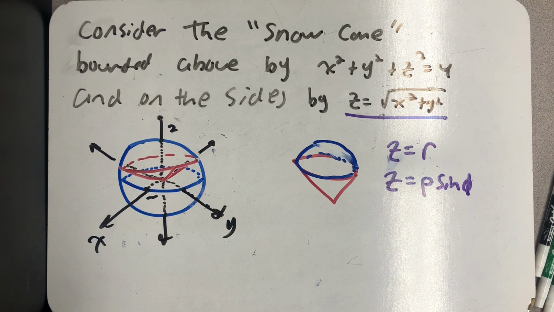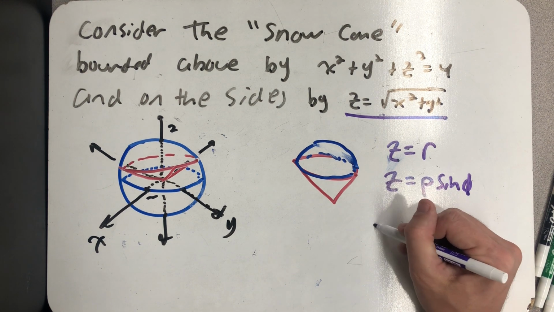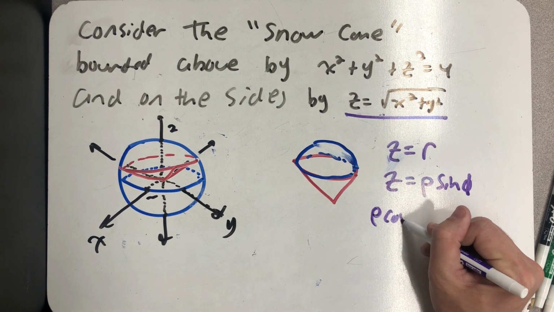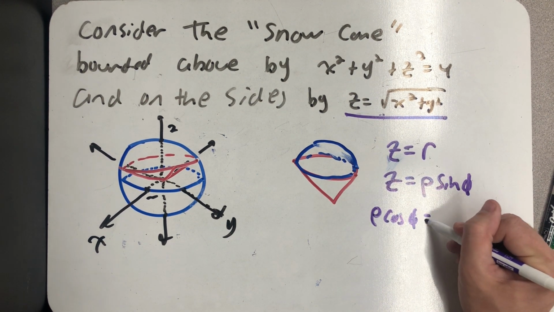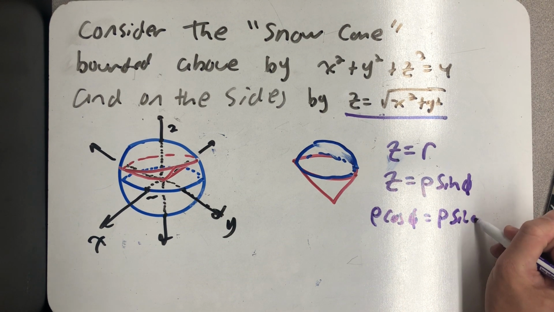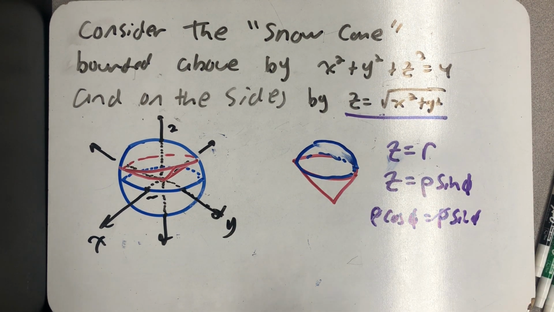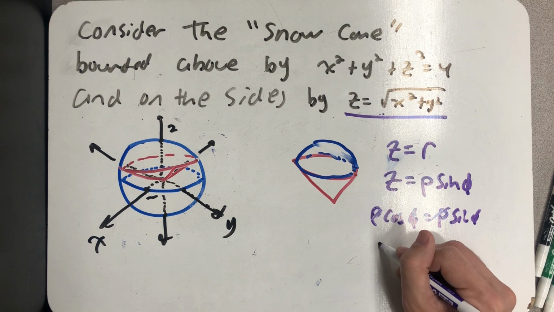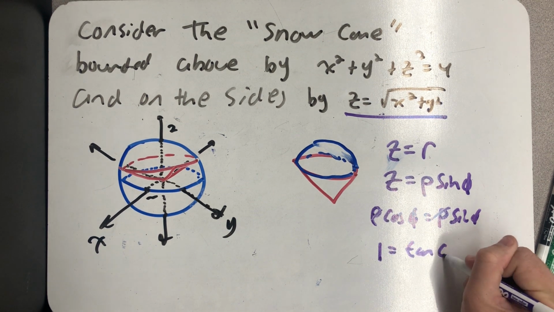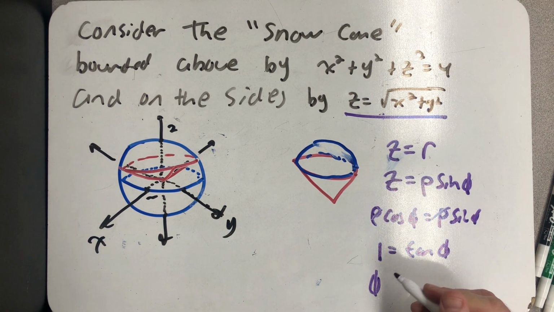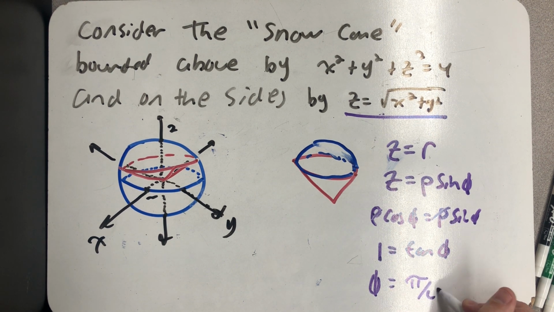Well, I want rhos, phis, and thetas, and I still have a z in there. Well, I know that z is equal to rho cosine of phi, giving me this equation. I could divide both sides by rho, and I could then write this as 1 equals tangent of phi. Well, if phi has to be between 0 and pi, then my only option is pi fourths.